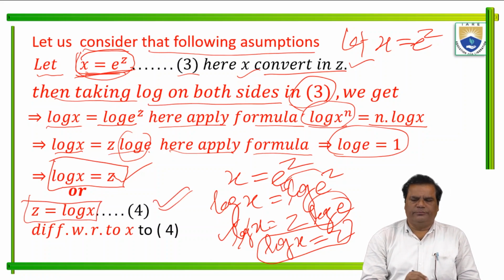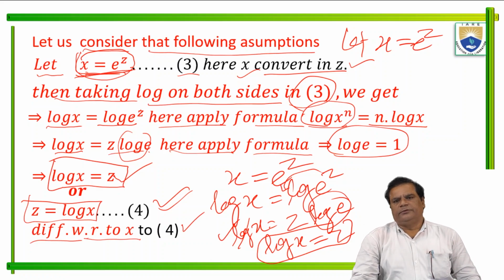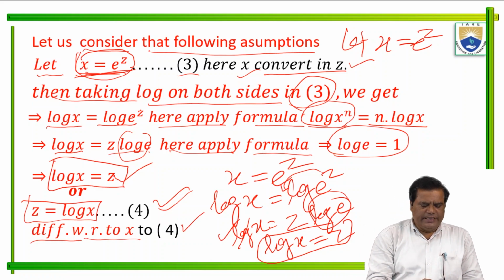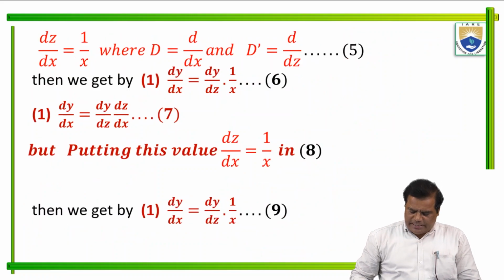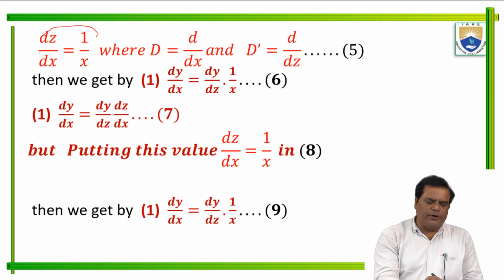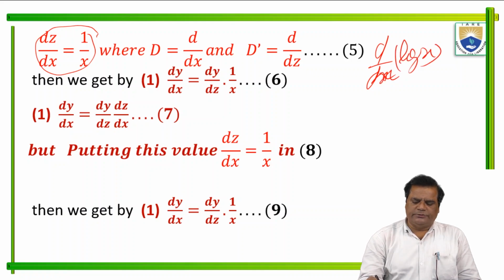This is equation 4. Now differentiating equation 4 with respect to x. Equation 4 is z equals log x. Differentiating z with respect to x, dz over dx equals 1 upon x. The differentiation of log x is 1 upon x.